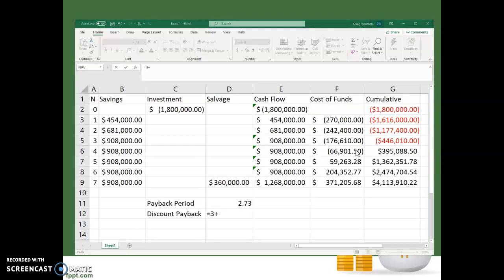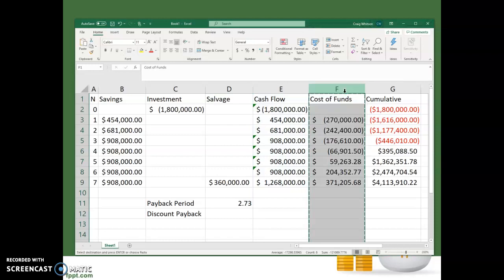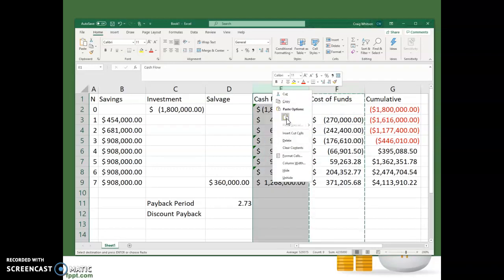And I've just realized that it would actually probably be better if my cost of funds column was to the left of my cash flow, so that the cash flow value included this cost of funds. Do I have time to fix that? Yeah, let's go ahead and I'm going to fix that real quick. I'm going to cut that column and paste it here.